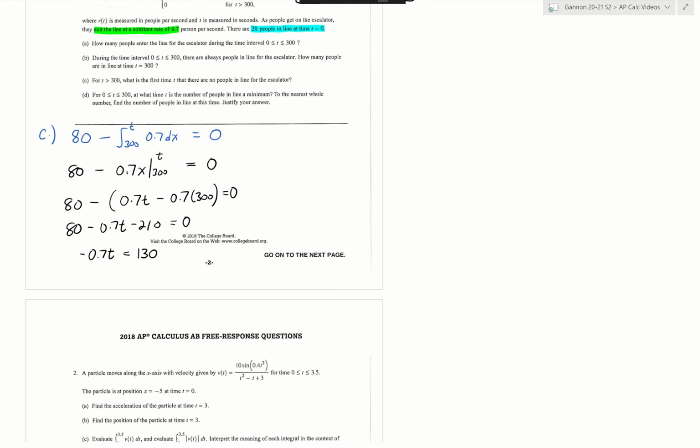Oh, this would have become a plus because you're subtracting that value. This is actually equal, was that 290? So we're going to subtract 290, and we divide to find our t value.